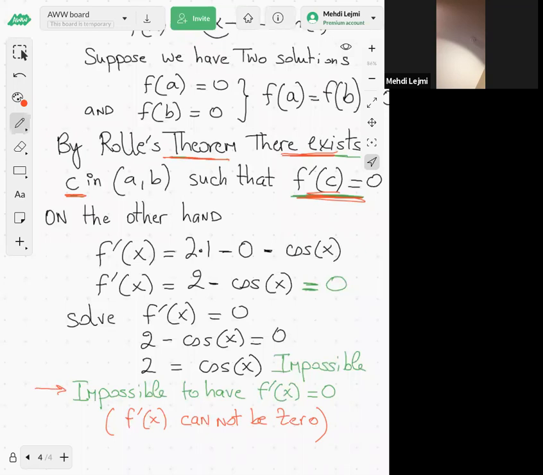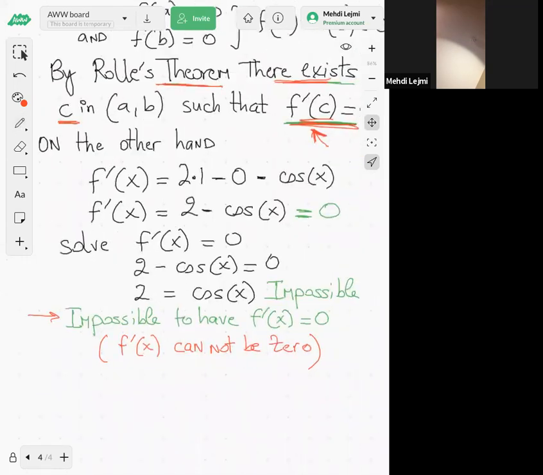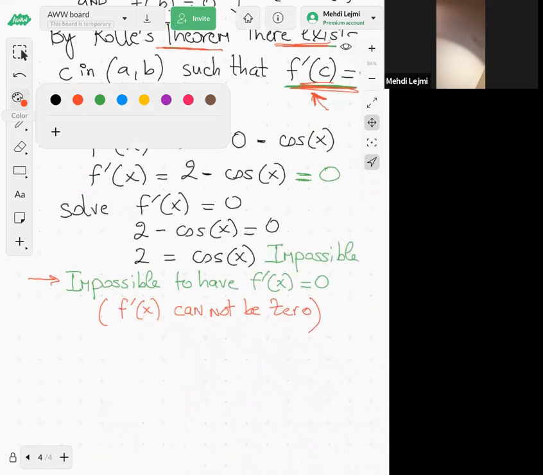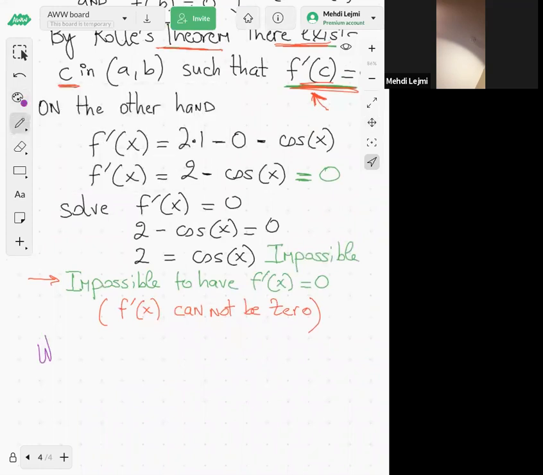On one side, Rolle's theorem says that there is a number for which the derivative is 0, and on the other side, when I try to solve f prime of x equal to 0, there is no solution. So we have a contradiction.